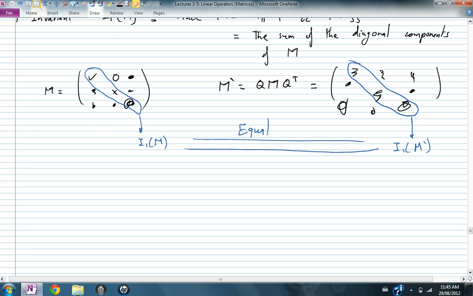The third invariant, so I'm going to just skip the second invariant for now.